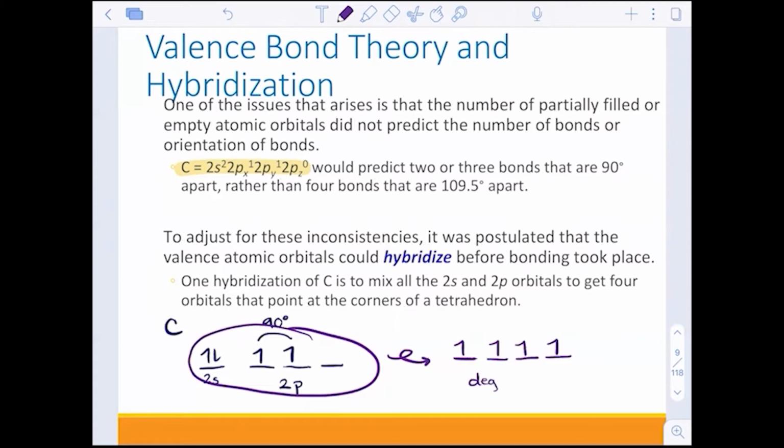If we remember what the word degenerate means: equal in energy. We are trying to make equal little cupcake orbitals for our central atoms.